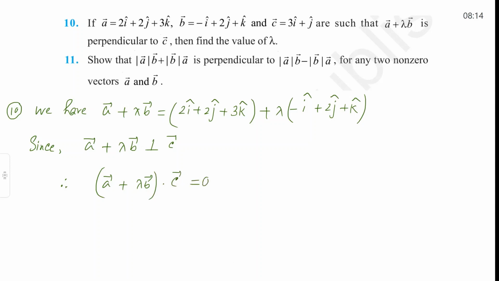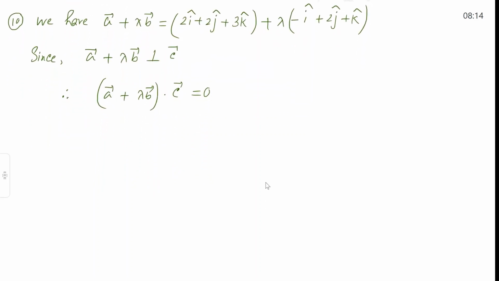Writing a bar plus lambda b bar, it is 2i cap plus 2j cap plus 3k cap, plus lambda into minus i cap plus 2j cap plus k cap, whole dot c bar.